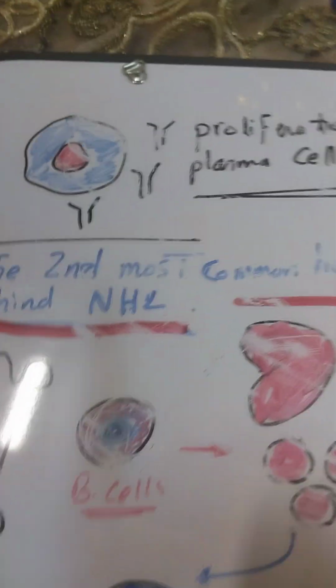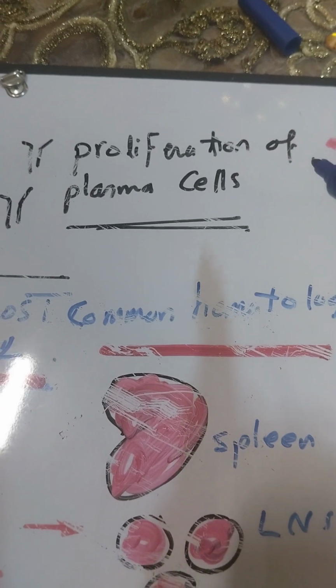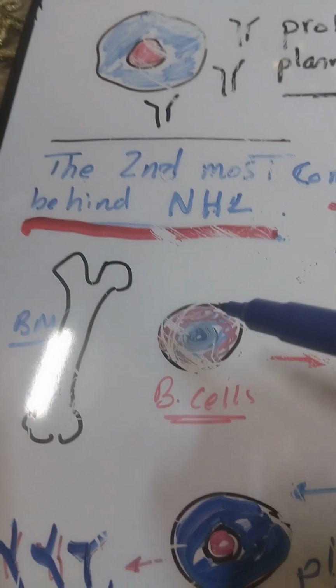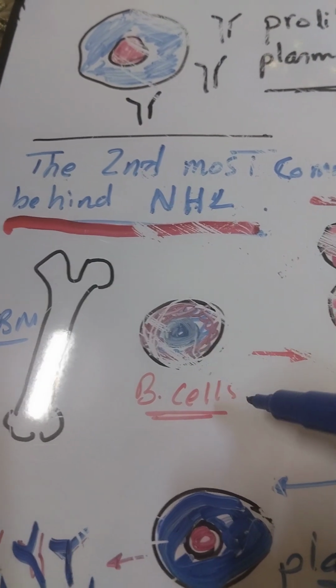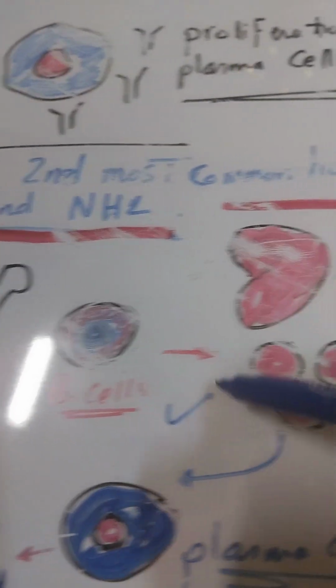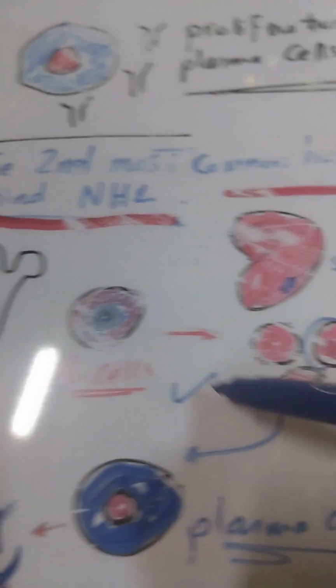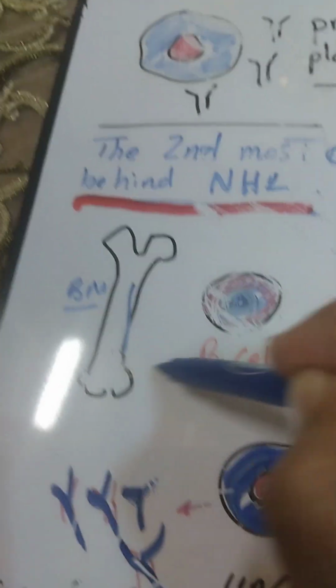Again, it is a clonal or uncontrollable proliferation of plasma cells because it is a malignancy. Plasma cells originate from B lymphocytes when exposed to the antigen in the spleen and lymph nodes and return again to the bone marrow.